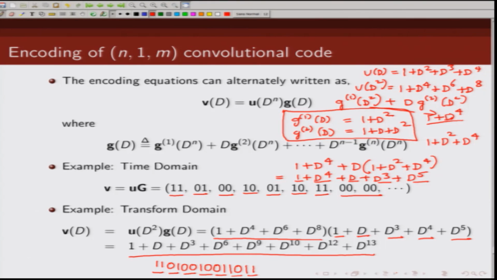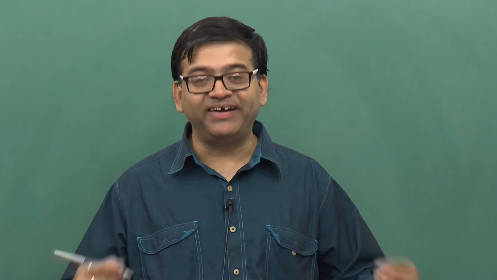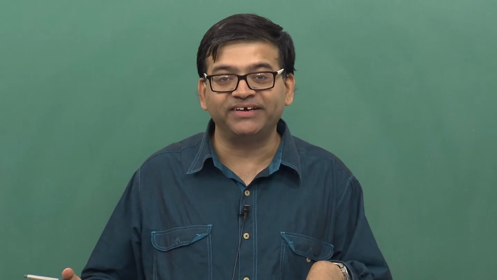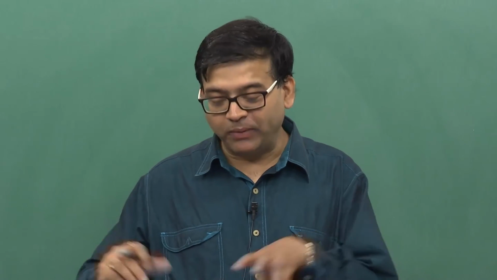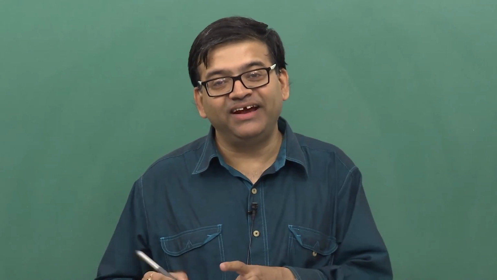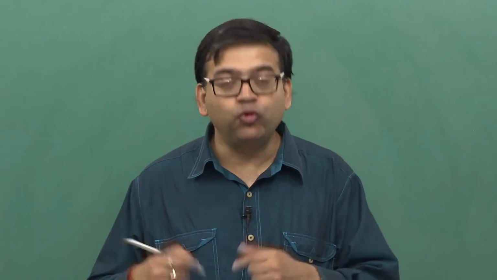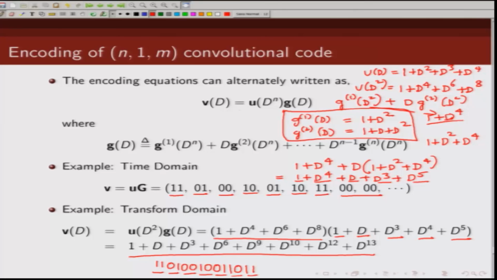So, the point to take is that the generator sequences that we wrote using the time domain representation, we can similarly represent using this delay domain representation, and it is a lot more convenient to write in this notation, because then the output sequence is just the product of the input sequence and the generator sequence in this domain.